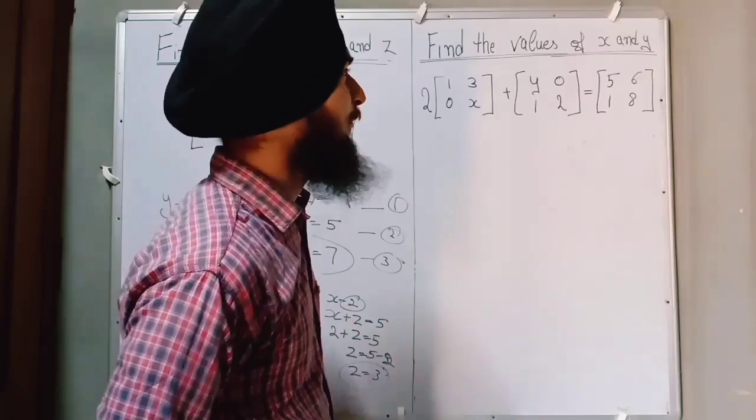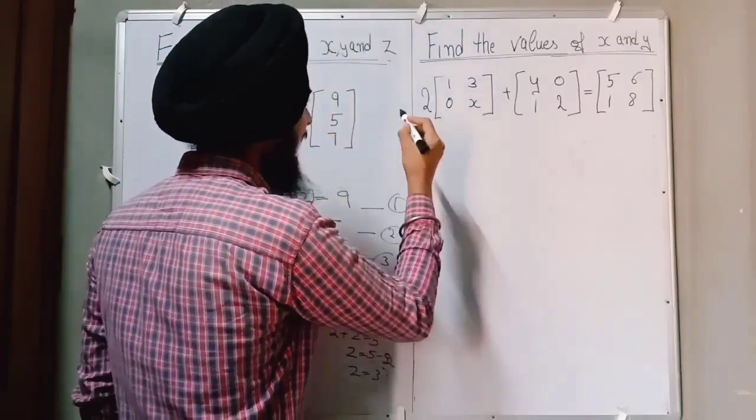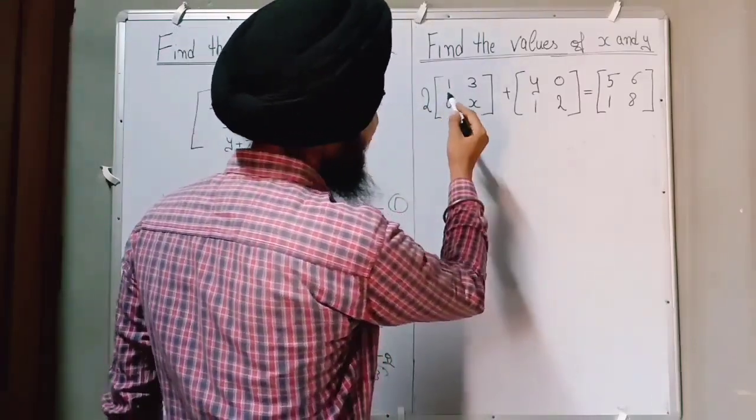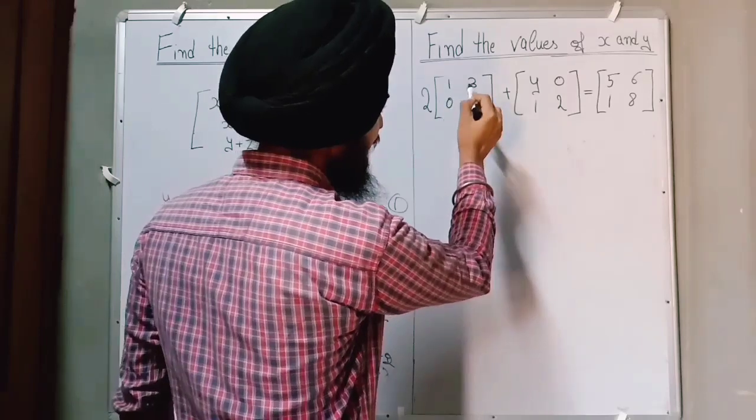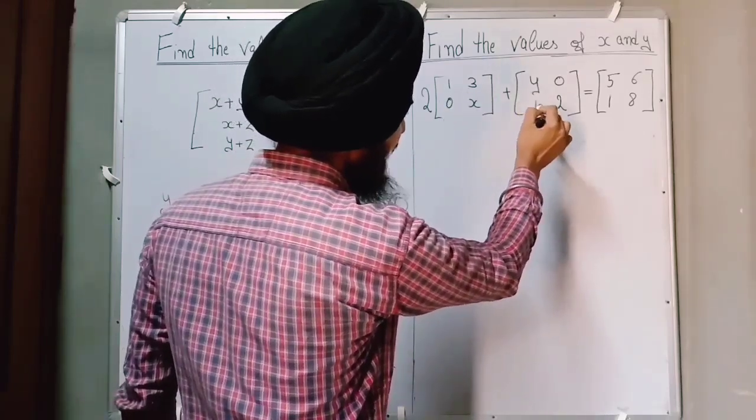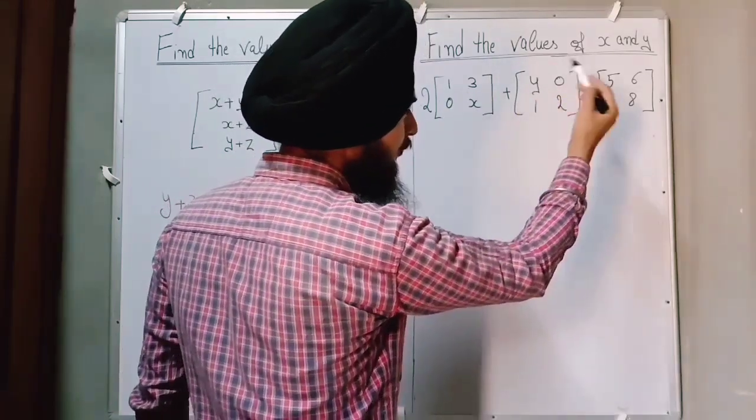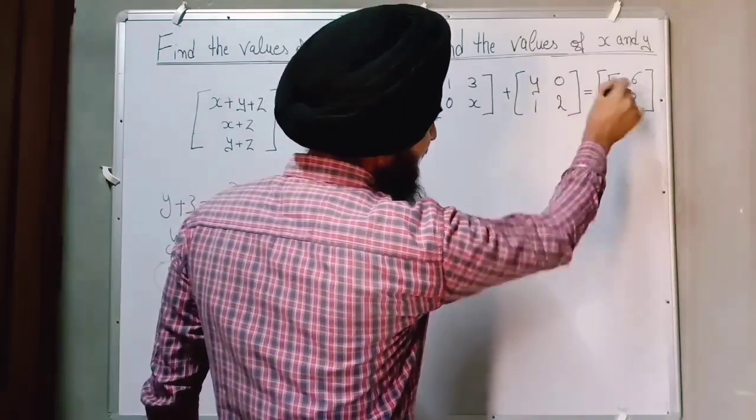In this type of question, we are given the matrix 1 0 3 x multiplied by y 1 0 2 is equal to 5 1 6 8.